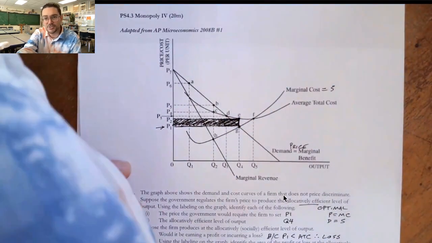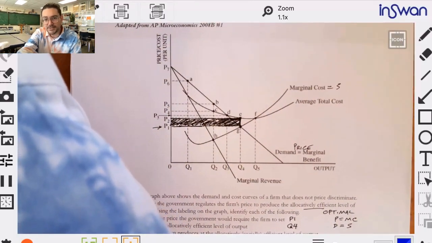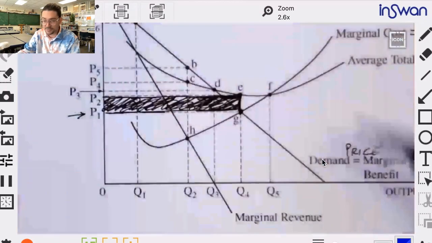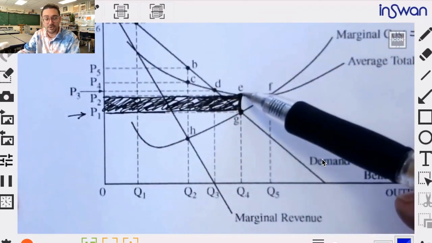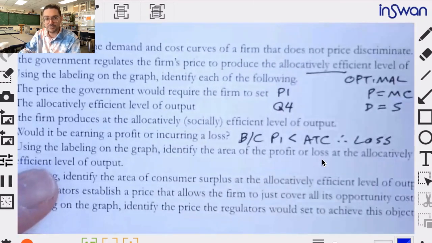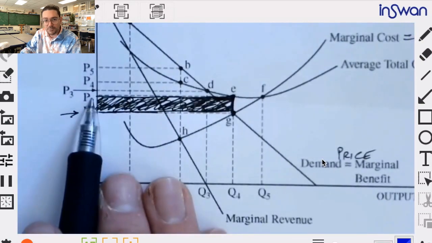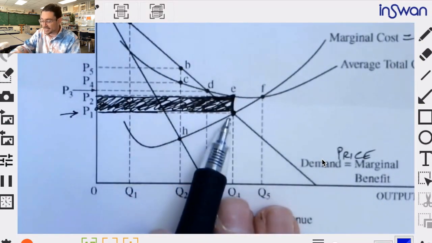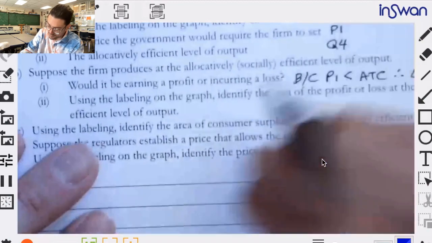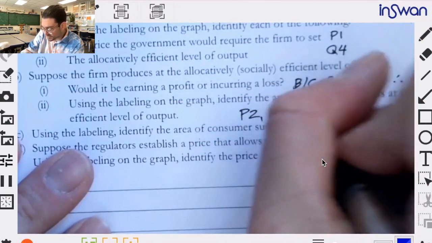I'm going to zoom back in so you can see that a little clearer. It's basically going up from the price that we're charging up to the ATC and over. So the area of that loss would be P2 to P1, G to E. We're going to rewrite that, P2 to P1, E to G.